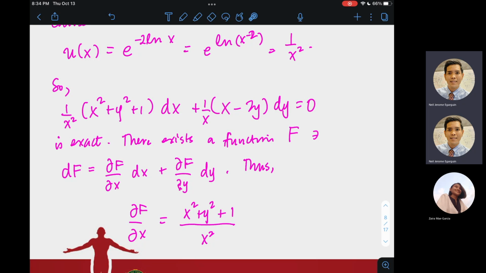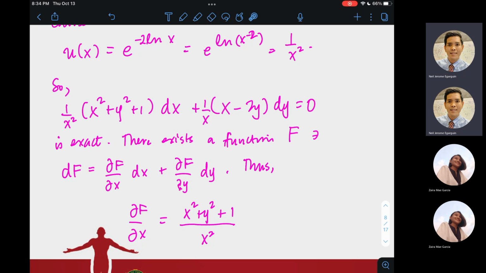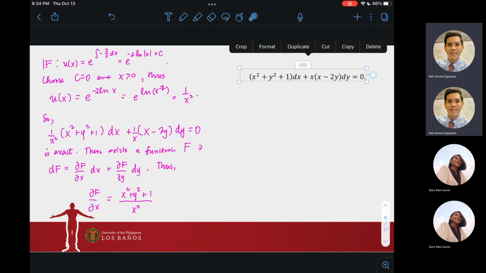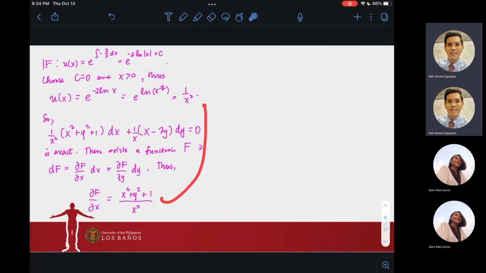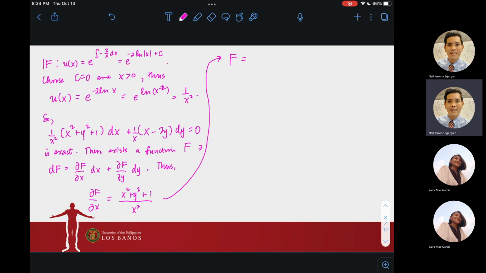Okay? Now, we're looking for the function big F, kasi yung function big F equals a constant, yun yung magiging solution dun sa ating exact ODE. Alright? So I want to know how F looks like. So what I'll do now is, oops, dapat pen yung ginamit ko. The function F will be equal to, but hold on, let me just note that big F is a function of both x and y.